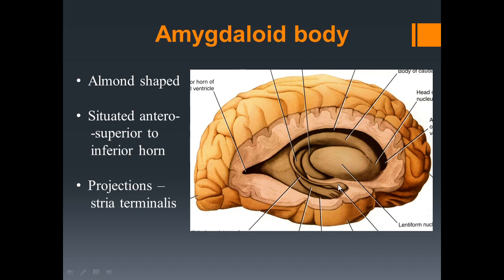And the projection fibers or efferent fibers from the amygdaloid body are called stria terminalis. Now this amygdaloid body, topographically, is connected to the basal ganglia, but functionally it is a part of the limbic system.